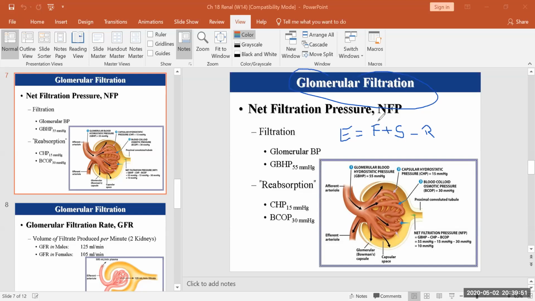And that F, the first step in the process, is passive transport. Passive transport specifically is driven by pressure gradient, high pressure to low pressure.